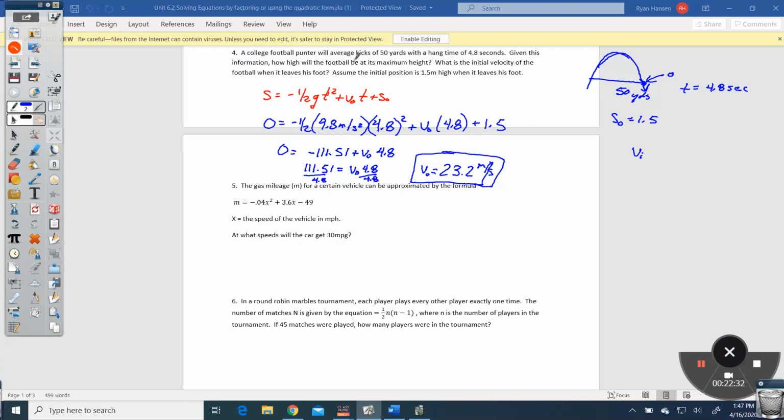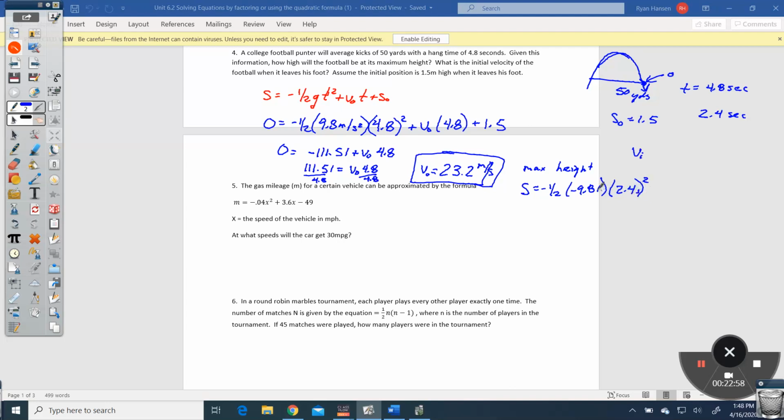So how high will the football be at its maximum height? Well, now I can use that the maximum height occurs at 2.4 seconds. So for the maximum height, I can now plug into that same formula: s equals negative 1/2 times 9.81 times 2.4 seconds squared.